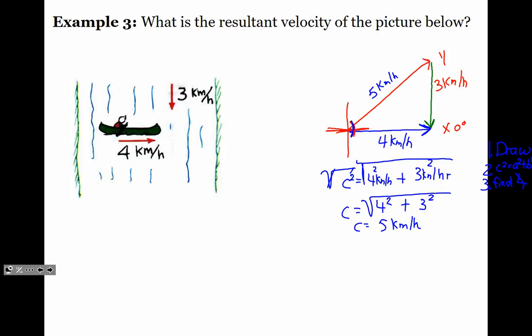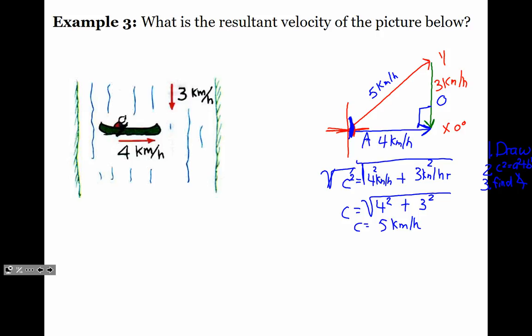So let's first make sure we identify our sides. We know our hypotenuse is 5 kilometers per hour, and our angle of interest is right here. So we can name the side. This side, because it's next to the angle, is the adjacent side. Because this is the right angle, this is opposite.